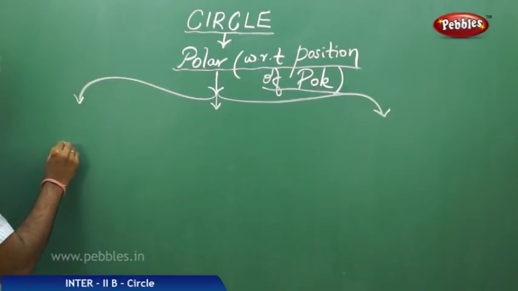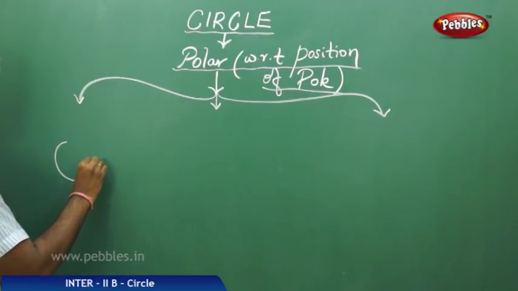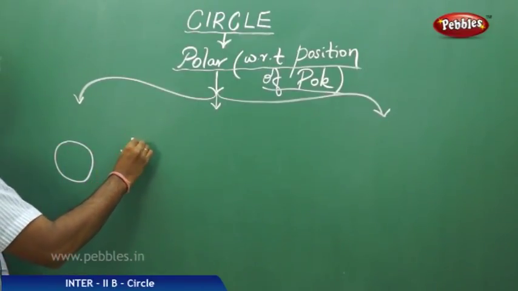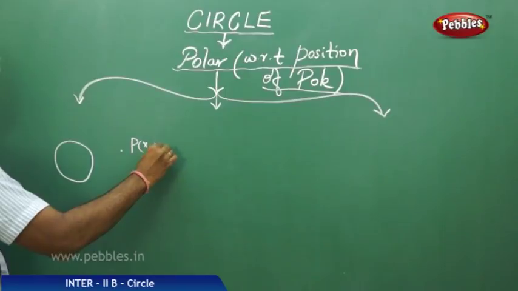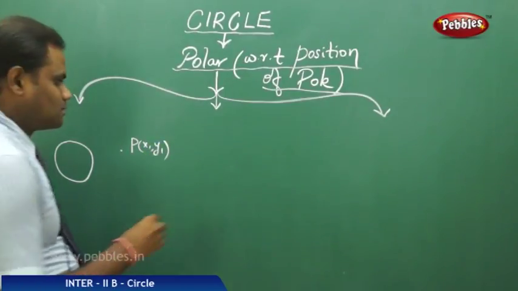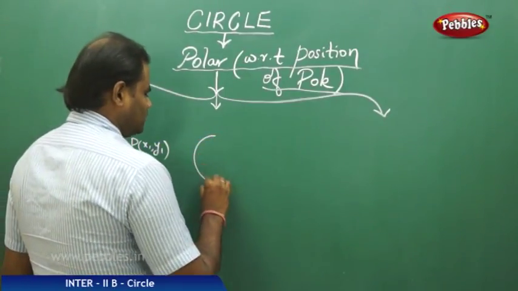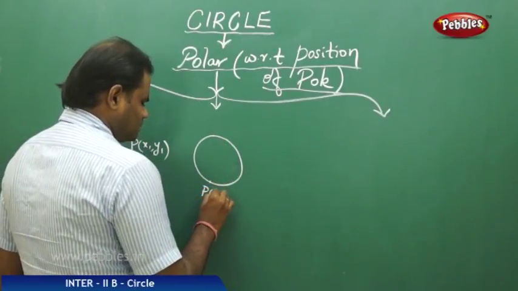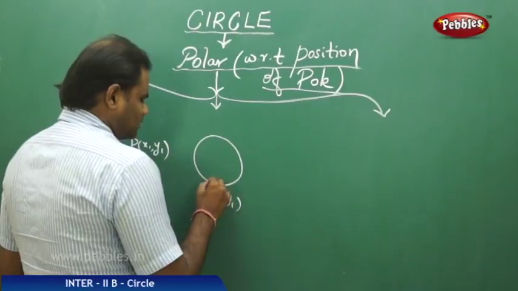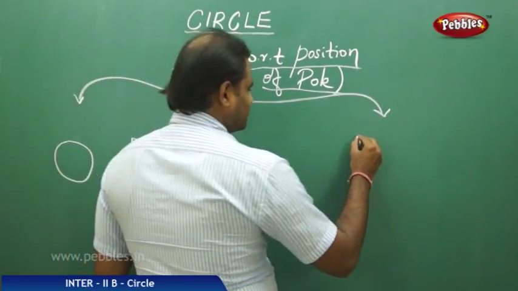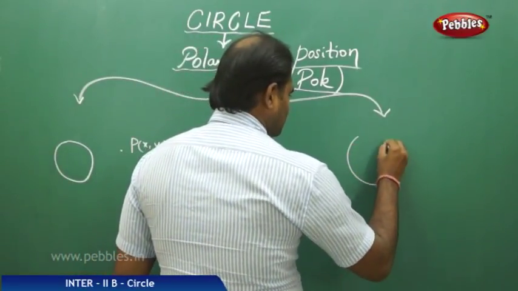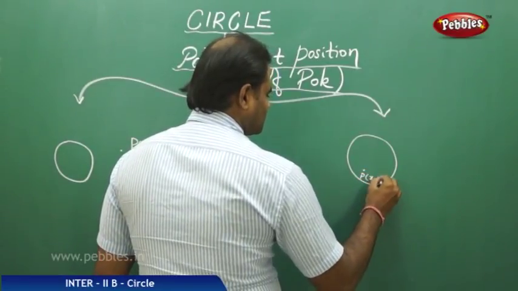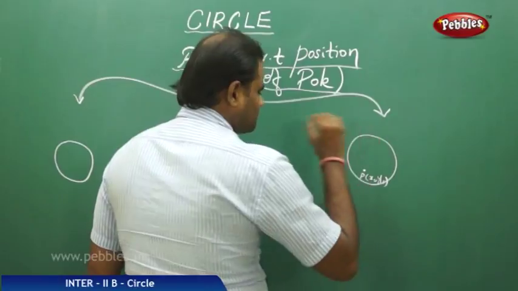Initially, say I have a circle and I have a point P outside the circle, is one case. Then I have a circle and I have P on the circle, and in case 3 I have a point P which is inside the circle.